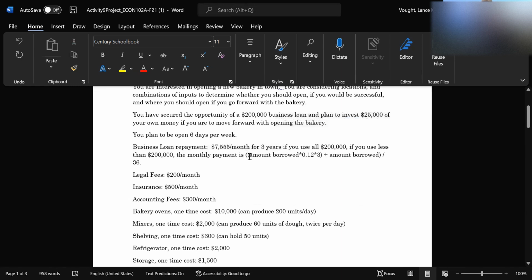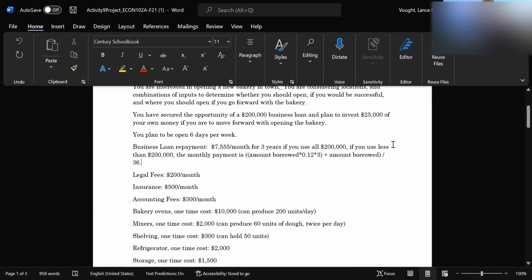So what I would recommend, if you were to say you're going to borrow 50,000, then to calculate your monthly payment, you would multiply 50,000 times 0.12. This is your interest rate of 12%. And then 3 is the number of years that you're borrowing it for.